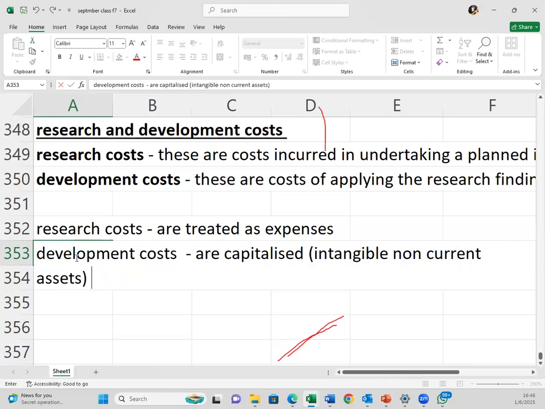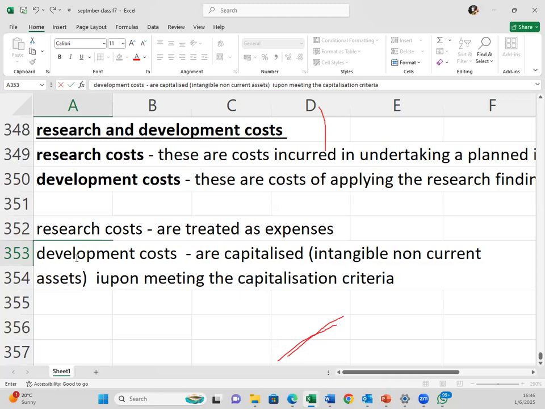So we capitalize them upon meeting the capitalization criteria, from the day they meet the capitalization criteria.